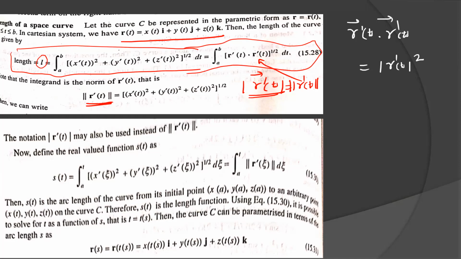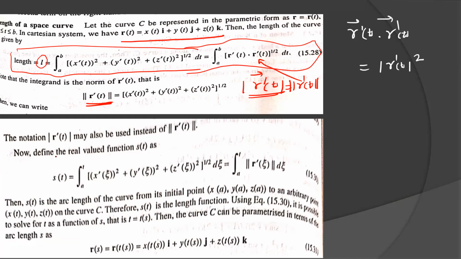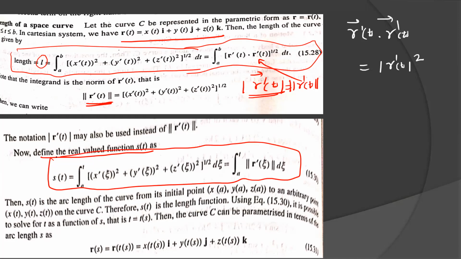Let's see another value here. s(t) is arc length. I'm going to use arc length here. Define the real valued function s(t) from a to t of (x dash xi whole square plus y dash xi whole square plus z dash xi whole square) to the power 1 by 2 d xi.